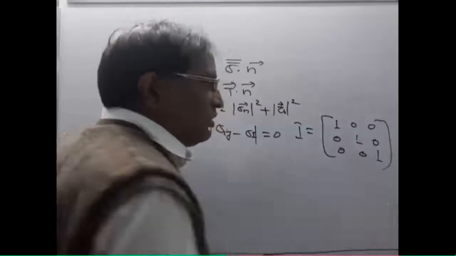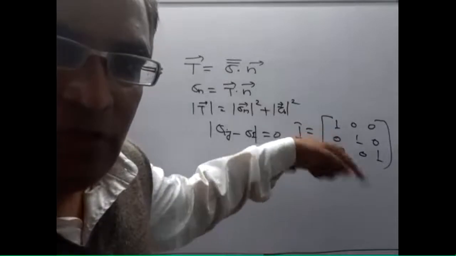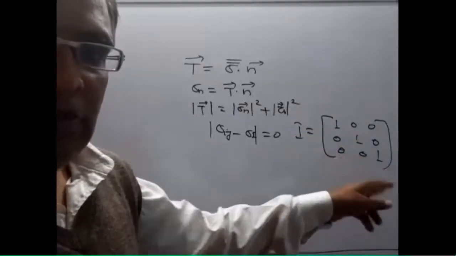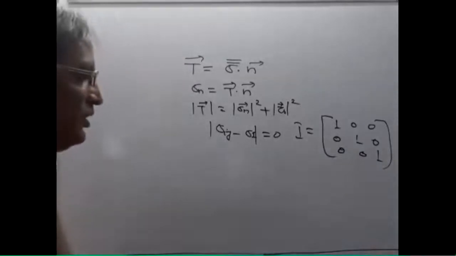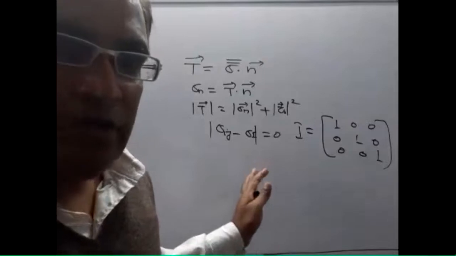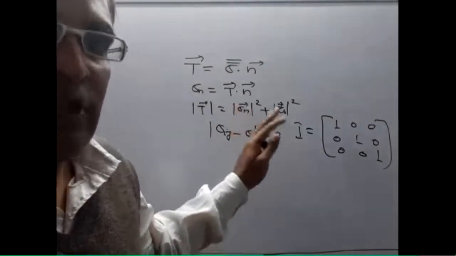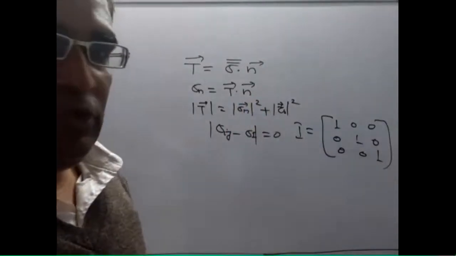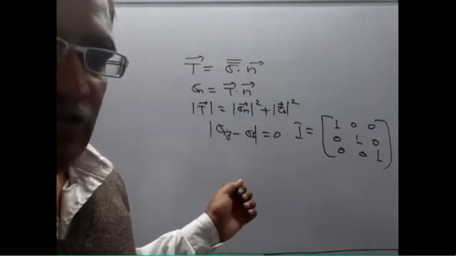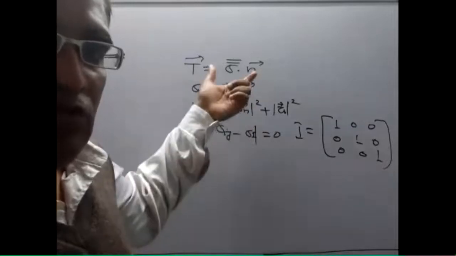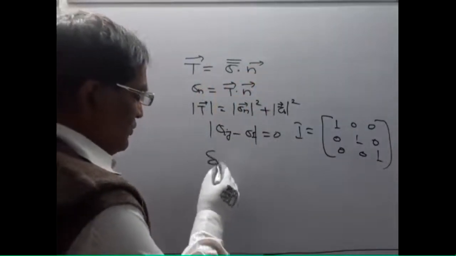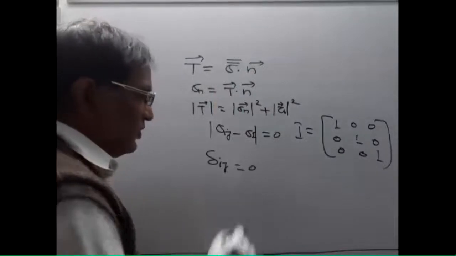That is called the identity matrix, meaning the diagonal entries are 1. Also, this is all related to tensor mechanics. Of course I will not go into much detail, but you should know how one can write the expressions in matrix form and how to write them in indices form. For example, you should know what the delta ij is.